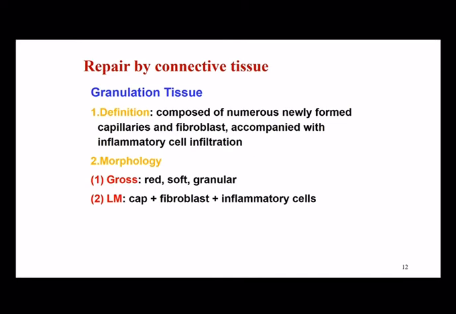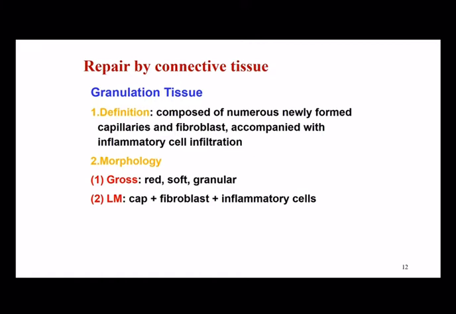Now, let's move to this part, repair by connective tissue. If parenchymal cells and stromal framework are all damaged, or if non-dividing cells are injured, repair cannot be accomplished by regeneration alone. Repair by connective tissue will play an important role.